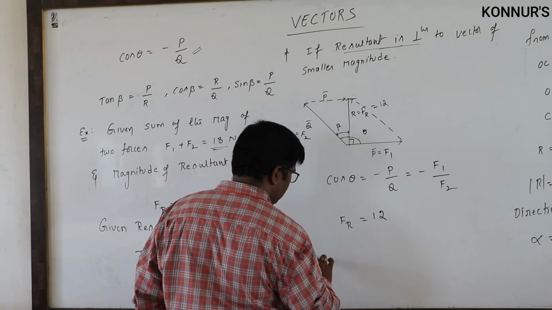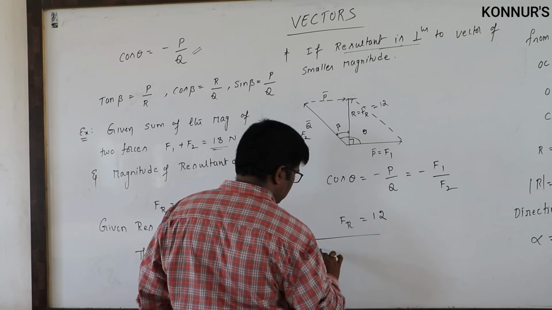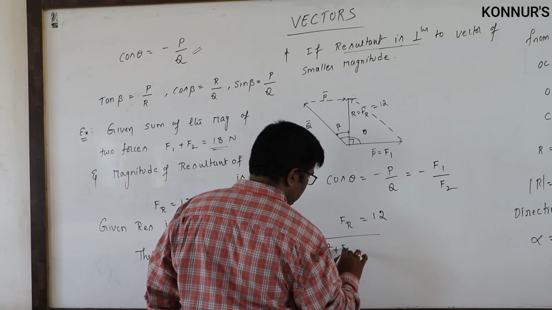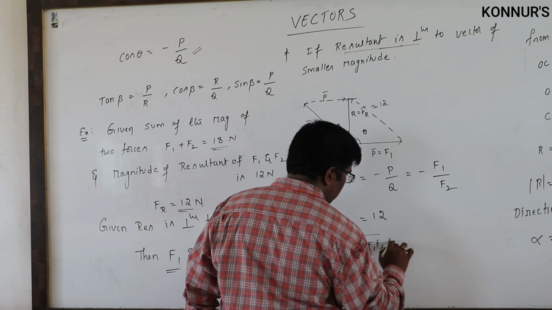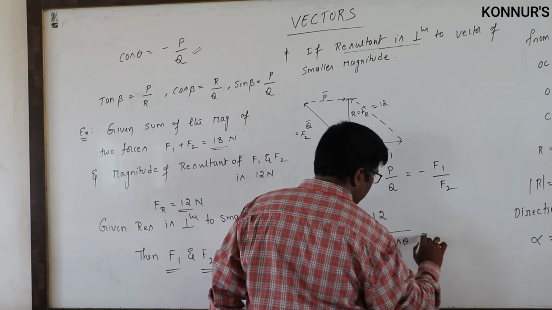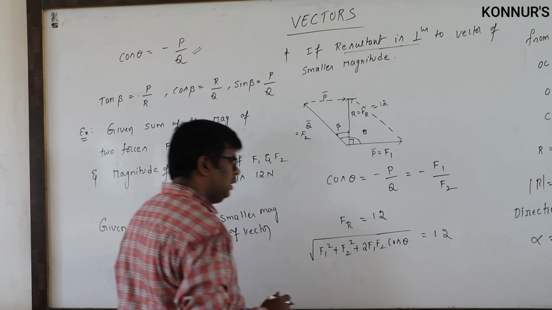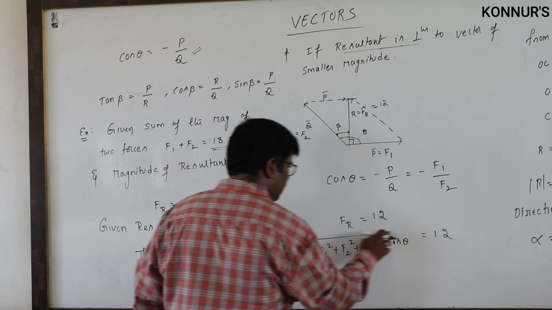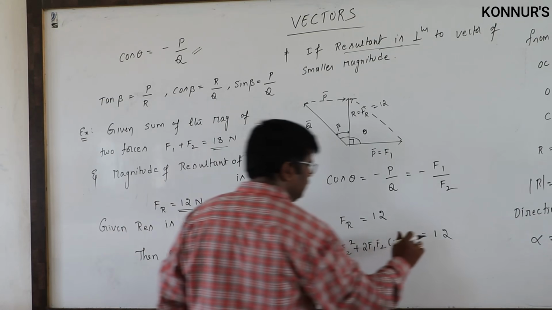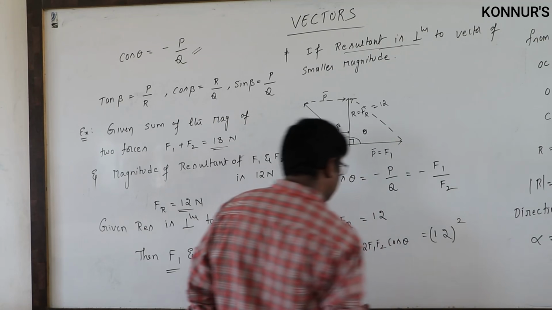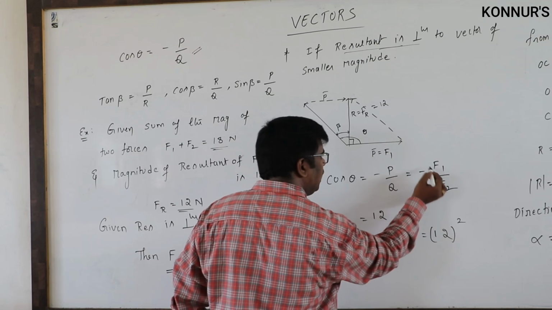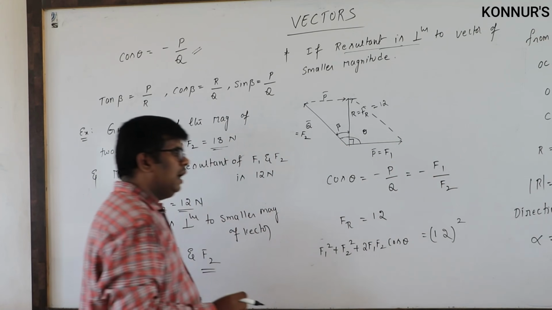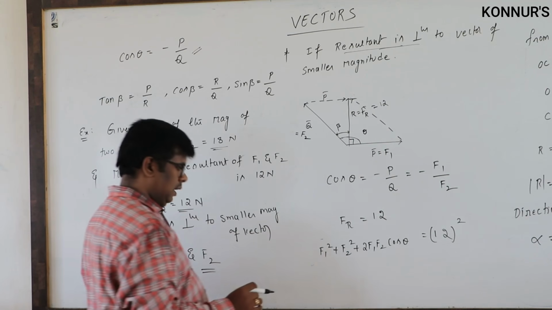Fr is root over F1 square plus F2 square plus 2 F1 F2 cos theta, and this is the value they gave as 12. If you square both sides, you eliminate the square root and it becomes 12 square. Then for cos theta, substitute minus F1 by F2.